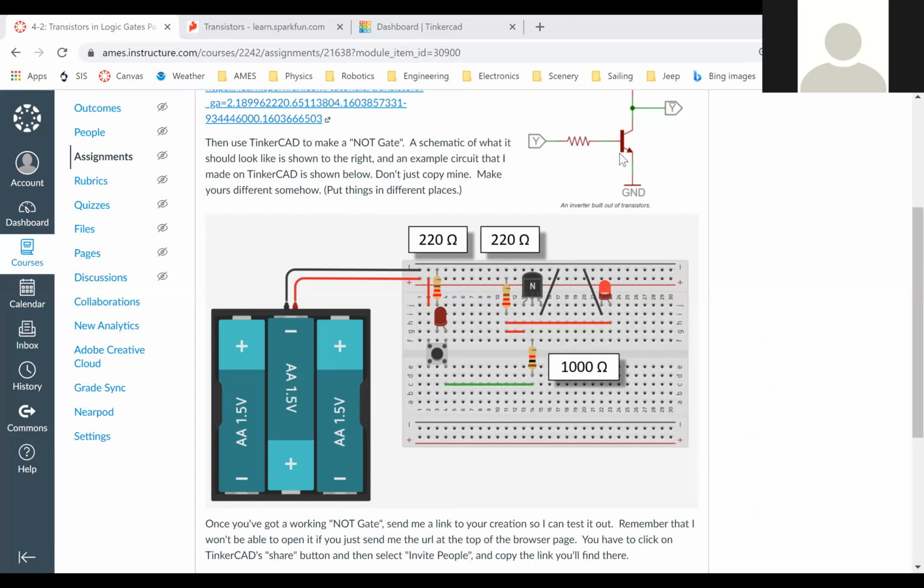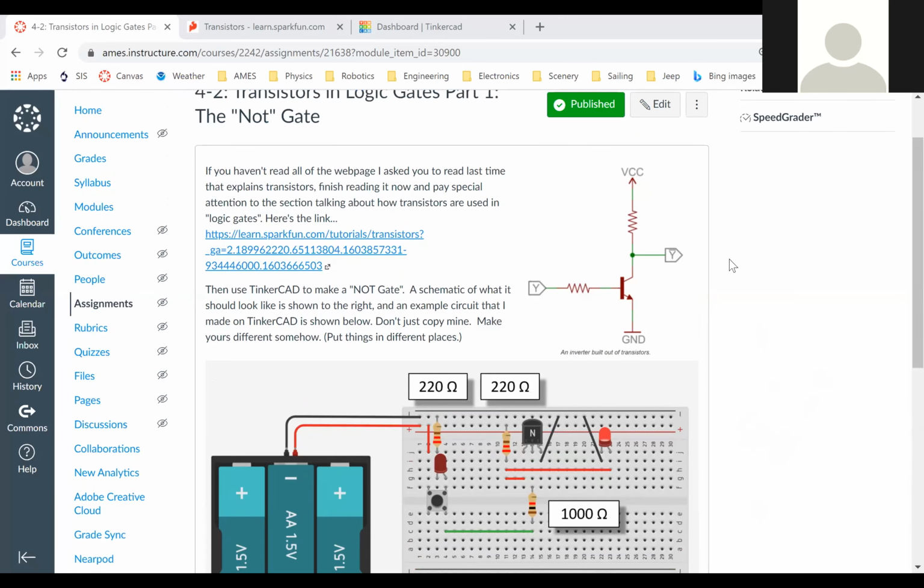Now, if you look on the web page that tells you how to do this, let me scroll down. Hang on just a second here. Okay, so now let's annotate this. If you look on the schematic, they tell you you need to have a resistor here and a resistor here, but they don't tell you what the value of that resistor needs to be.